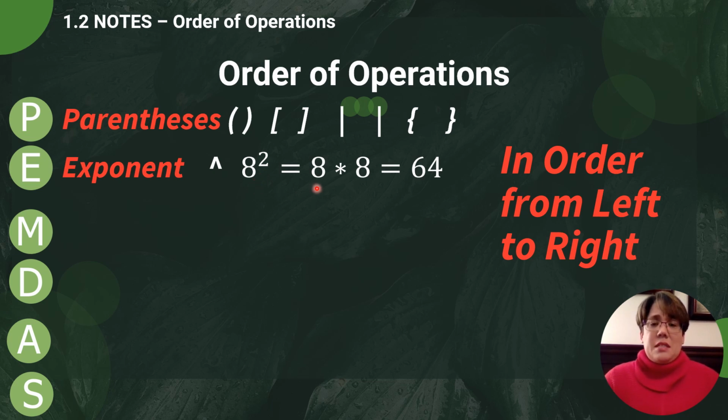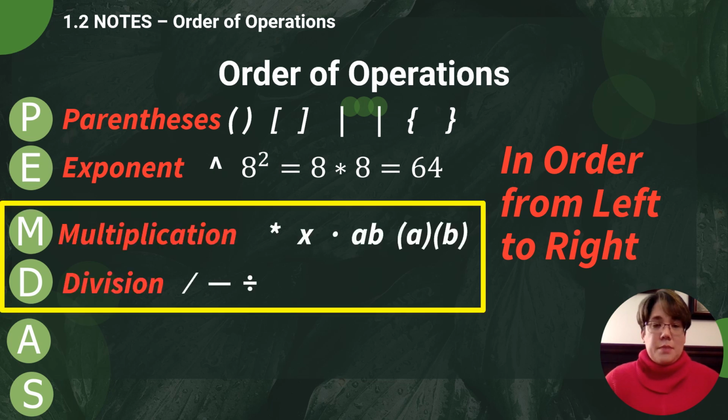What that means is that is 8 times 8. So oftentimes this is used for the multiplication symbol. So 8 times 8, which is 64. So that's what this means, 8 with the little superscript 2. And so then you have 8 times 8. So that's what exponent means.